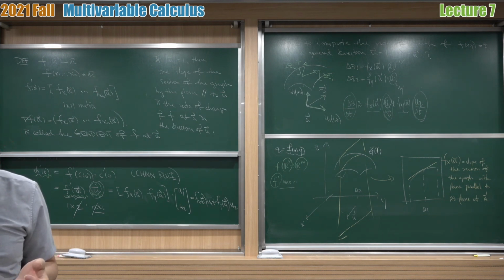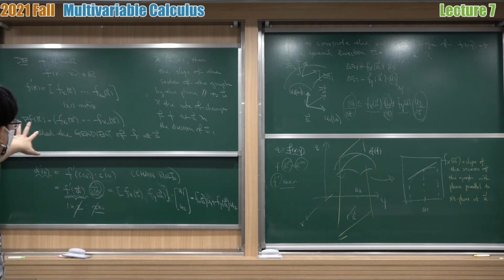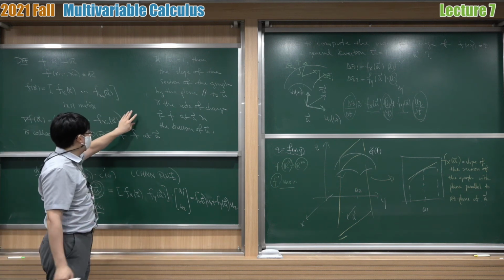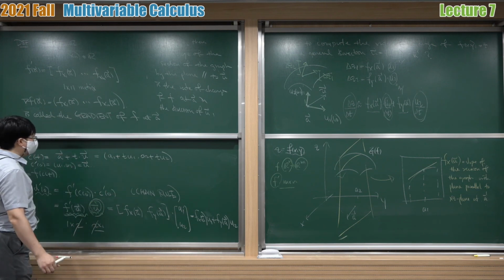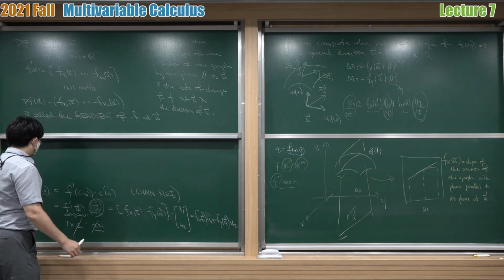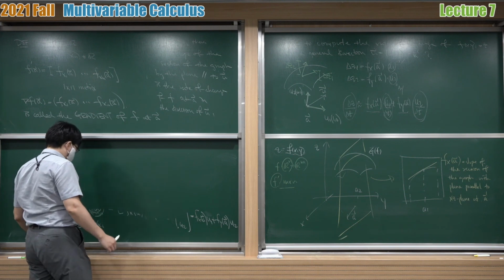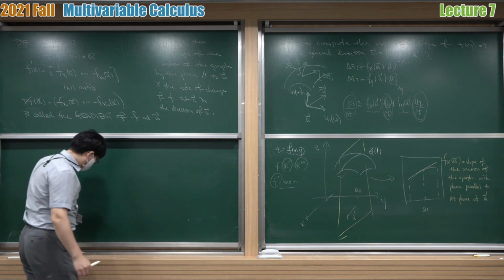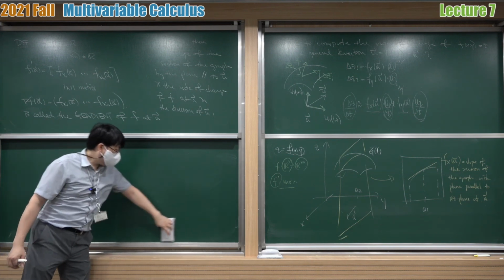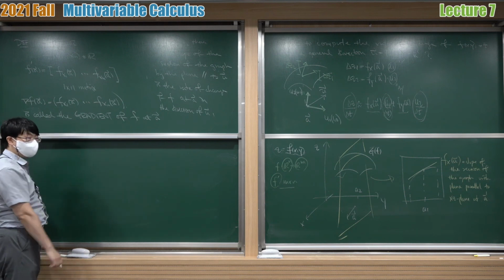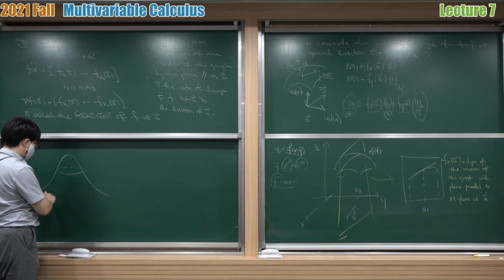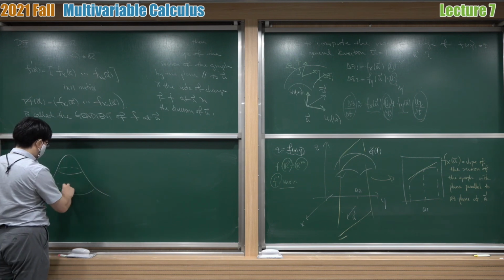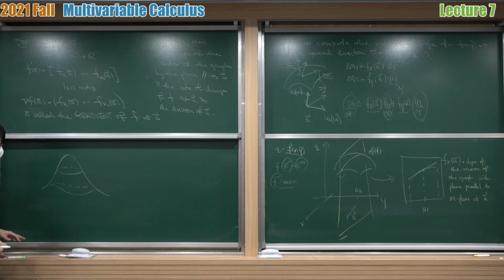The reason I emphasize this and give you this definition is that this is the crucial part that I'm going to explain next time. So let me give one question and then finish our lecture today. Suppose you have a mountain like this. Maybe it has some creeks and some bumps.